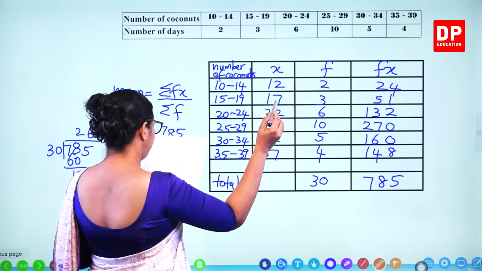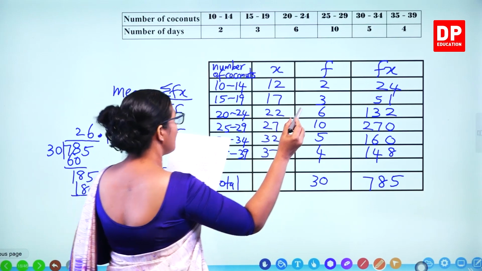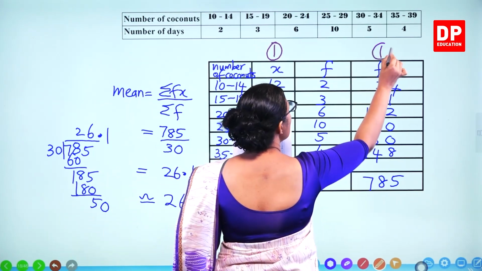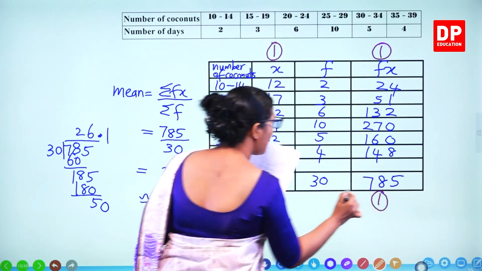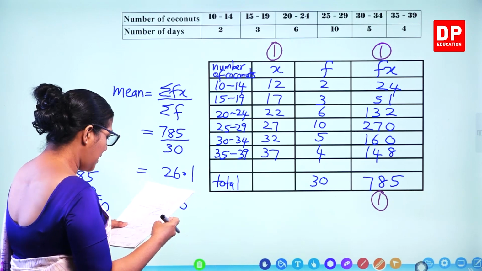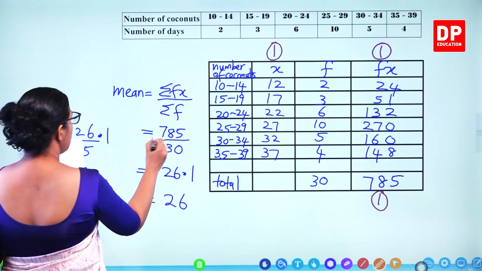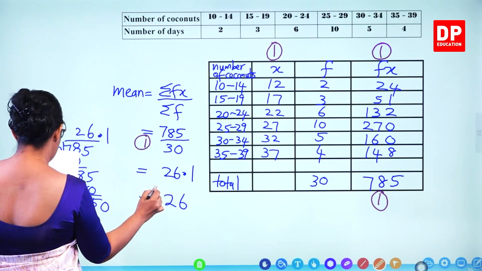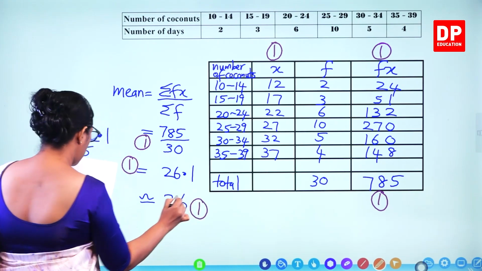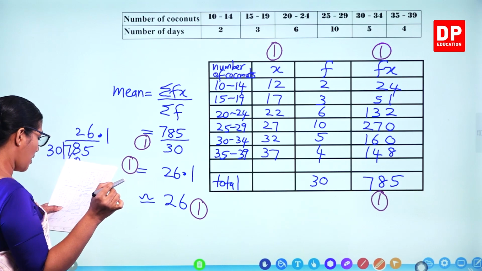Constructing the mid-value column, 1 mark, multiplication, 1 mark, and the total fx, 1 mark. 3 marks there. And then this value 1 mark, and 26 point, this is 1 mark, and rounding to the nearest value, that's 1 mark.